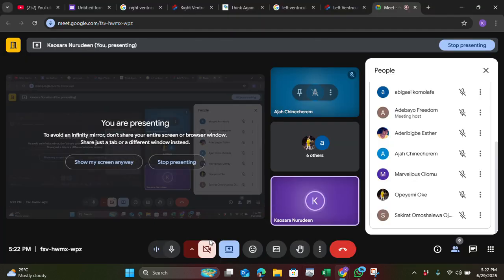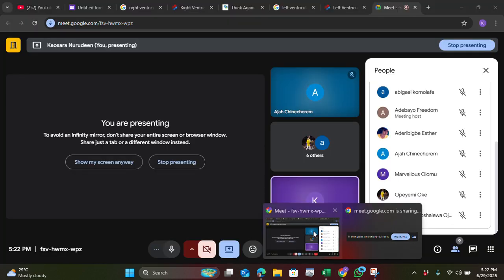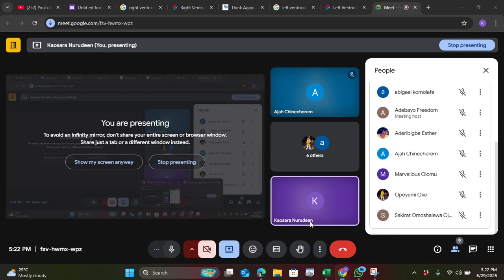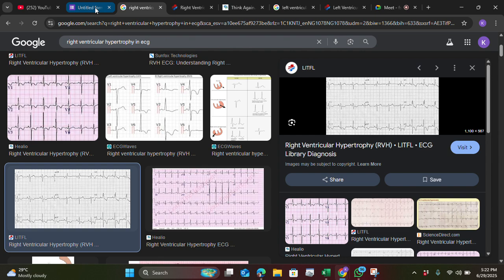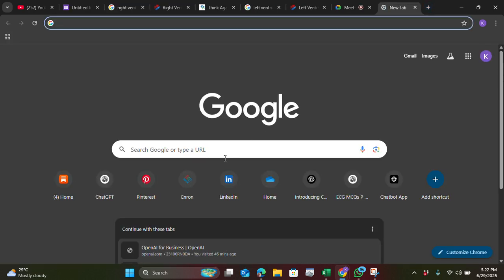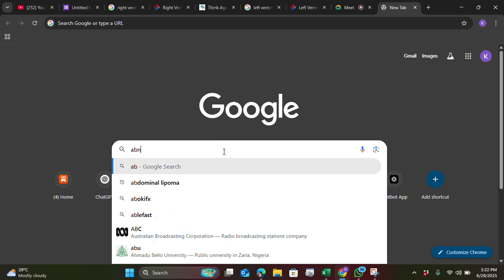So I'm going to be moving to the QRS height now. Let's look at some. I searched for some things on abnormal QRS. Or did I not? I think I did though. I don't like it when these things happen, it's really stressing me. Abnormal QRS. Sorry, abnormal Q wave.